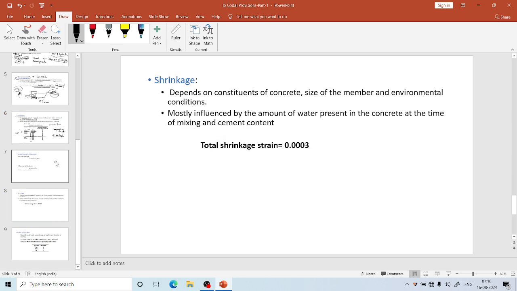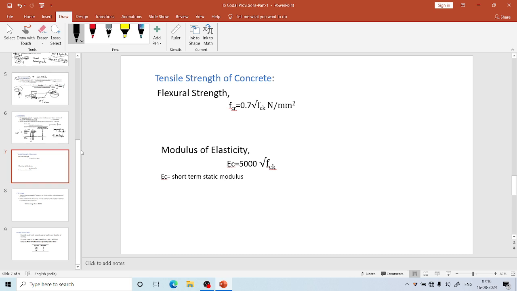Then we have the tensile strength of the concrete. Under compressive force, it develops tensile cracks. We have to test this as mentioned in IS 516.